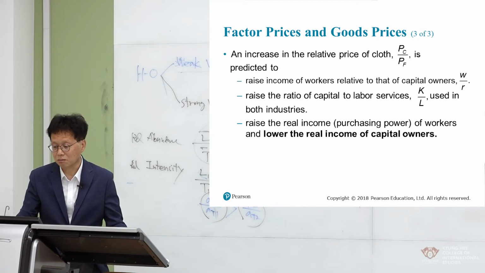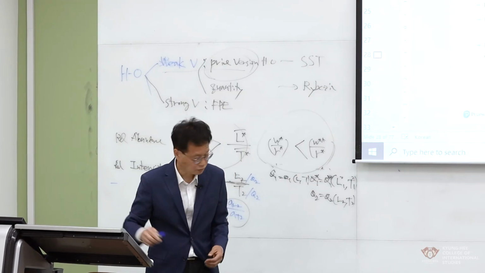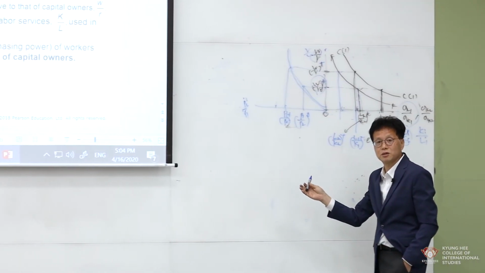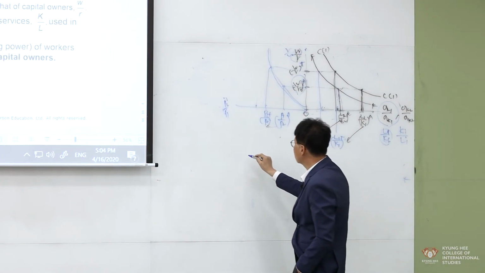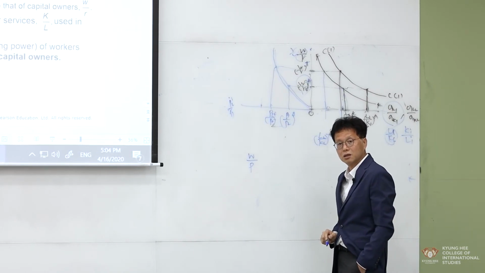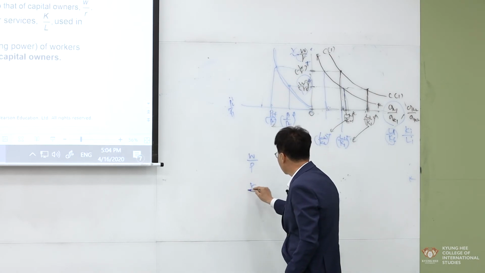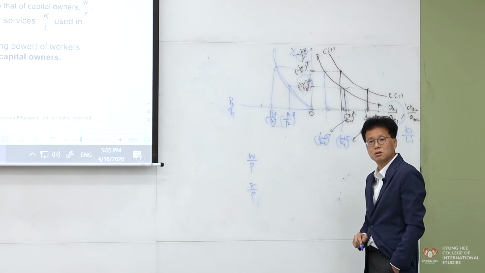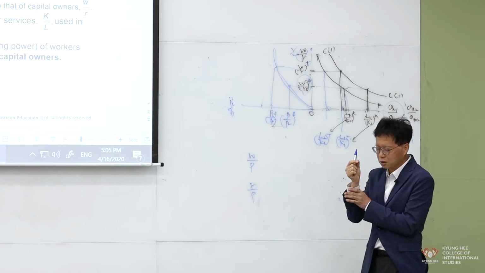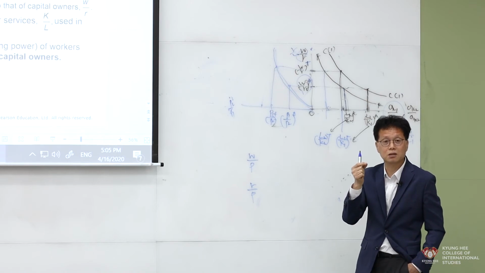Then what is real income? I'd like to explain this. W over R is just relative income. Real income of labor is W over P. Real income of landowners is R over P. Think about the optimal factor demand condition.